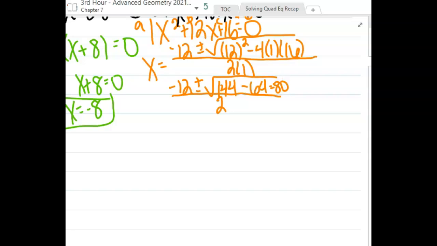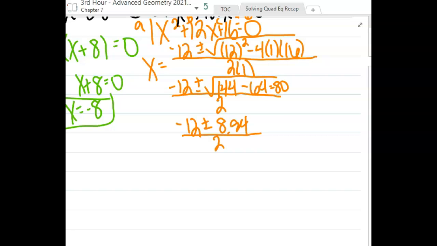Now, here's how you know for sure that you couldn't have factored it, because I have an 80 under the radical. And if you try to take the square root of 80, it's not a perfect square, okay? So we're just going to turn it to a decimal so we can estimate. The square root of 80 gives you about 8.94. So we're going to round. So we have negative 12 plus or minus 8.94 over 2.